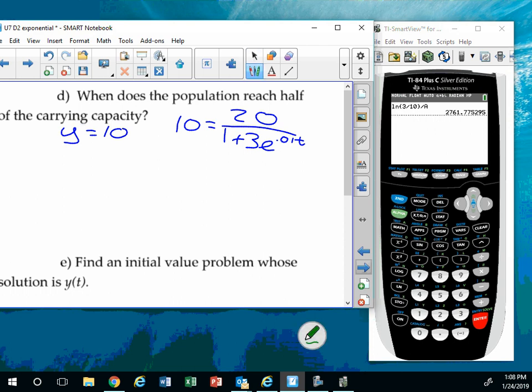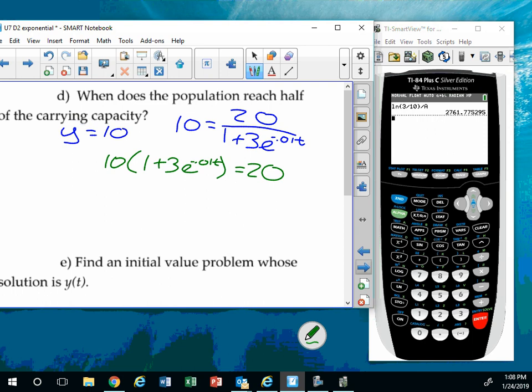I'm not going to do it by calculator. I want you to do the work. You can multiply the bottoms over, or you can flip it and cross multiply. I'm going to multiply the bottom over, so it's 10 times (1 plus 3e to the negative 0.01t) equals 20.